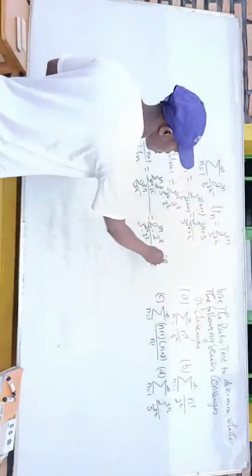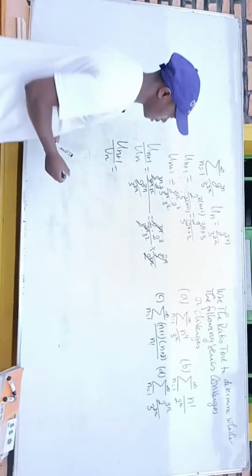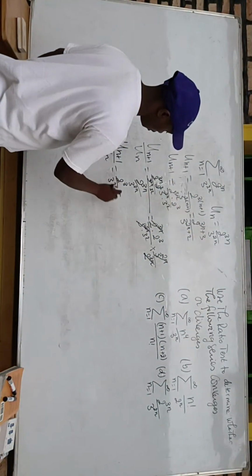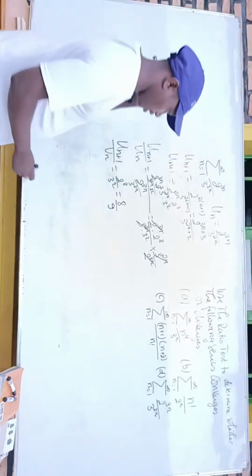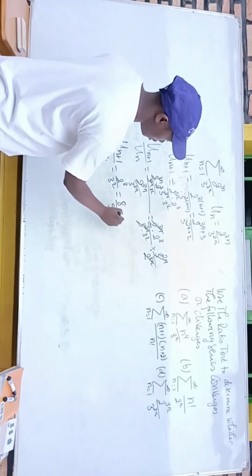As you see, this simplifies this, and this simplifies this. Here is 2 cubed over 3 squared, that is 8 over 9. Because 8 is less than 9, this is less than 1.